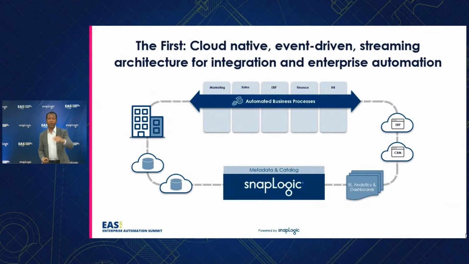So back to our architecture here. As I mentioned before, we're an event-driven architecture. Natively, we have a JSON document engine, and we basically allow you to gather stream data in document form, send it to the location.